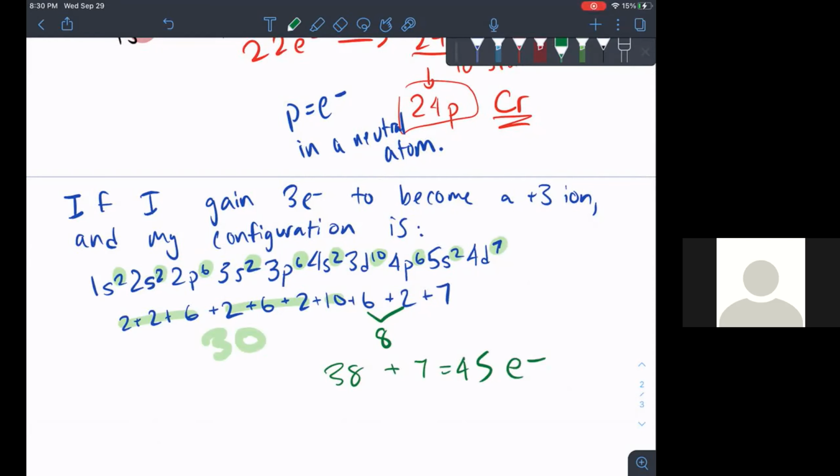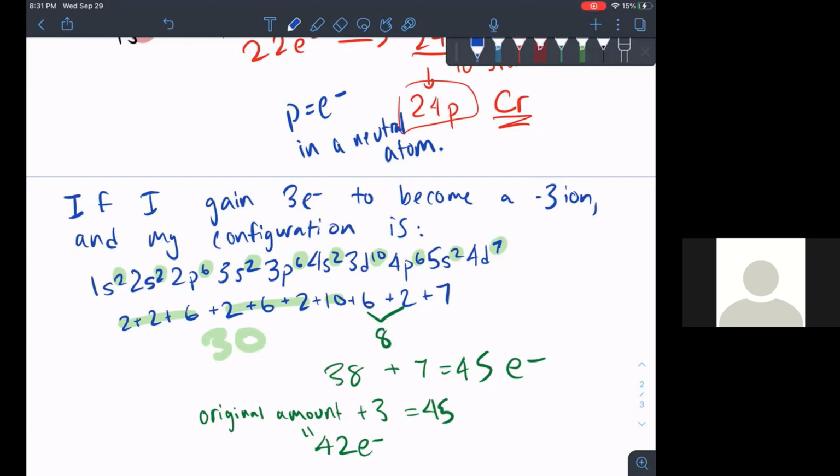But that's after we gained 3. So whatever our original amount plus 3 equals 45, then we know our original amount is 42 electrons. Again, because it's a plus, oh, whoops. No one caught me, which I say having no one to talk back to me. If we gain 3 electrons, it's a minus 3 ion.